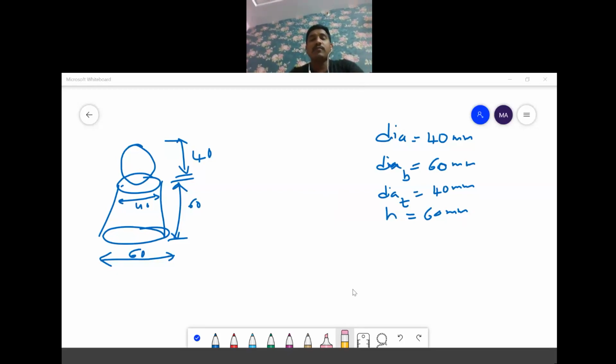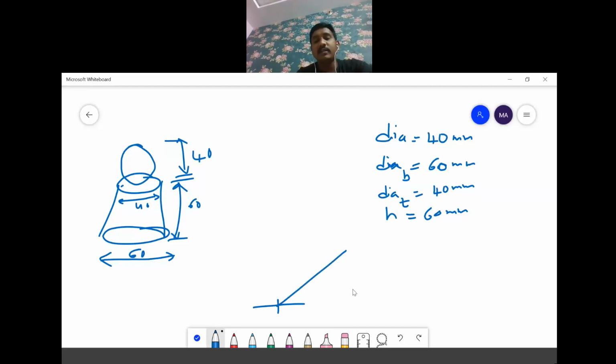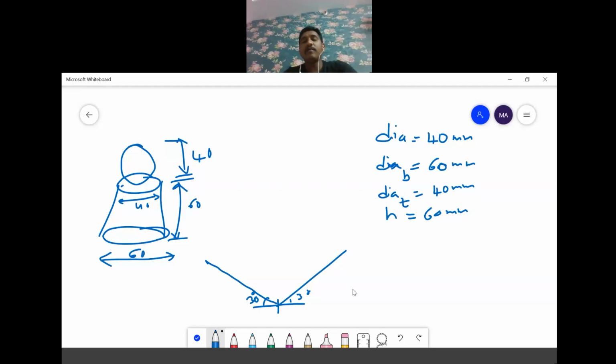So how will you draw this? First, as sir already explained in yesterday's class, you will draw 30 degrees inclination this side and 30 degrees inclination this side, marking with a protractor.